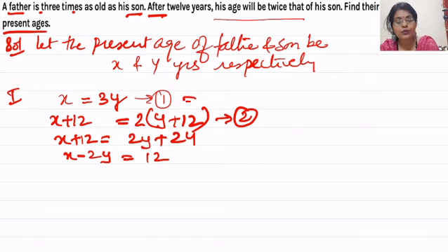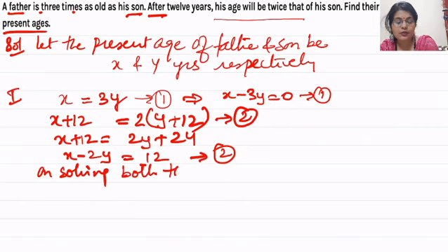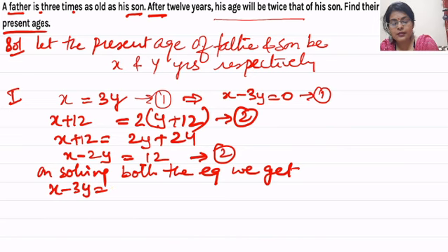In this equation also we will bring the variable on one side: x minus 3y is equal to 0. So the first equation is this one, and the second equation is this one. On solving both the equations, we get x minus 3y equal to 0 and x minus 2y is equal to 12.